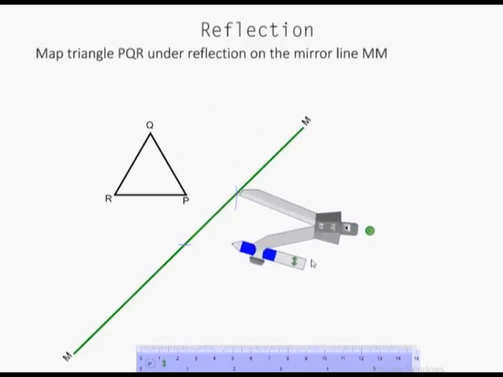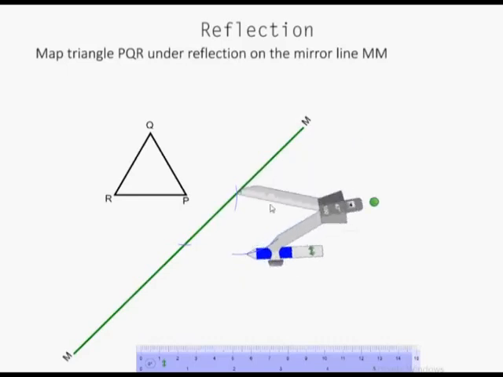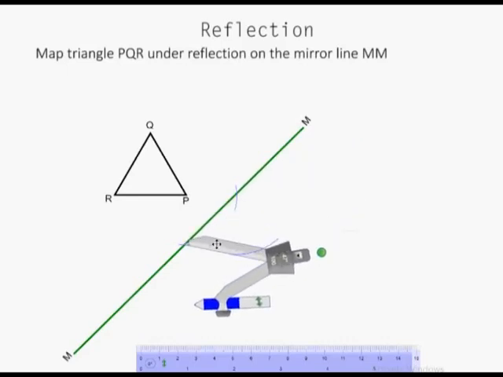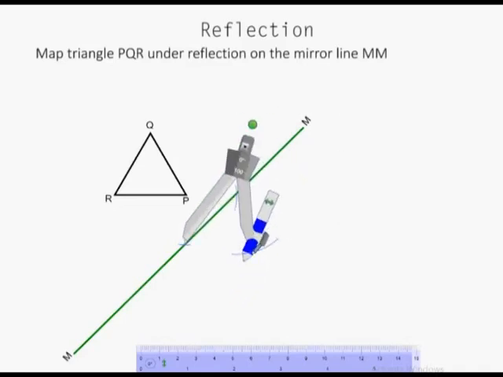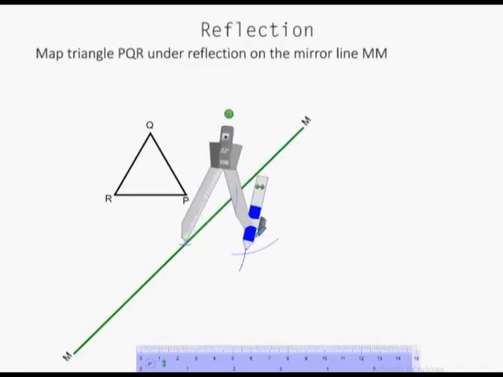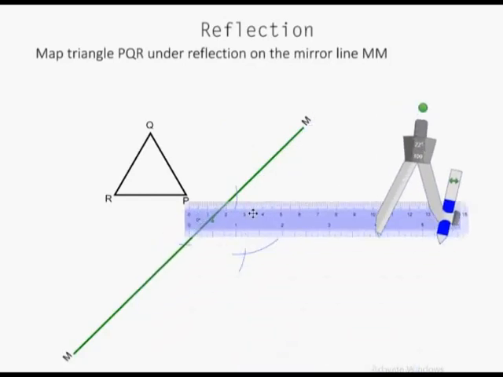Place it on the other point and make another arc. Go to the other point and do the same. Now join P to this point of intersection.